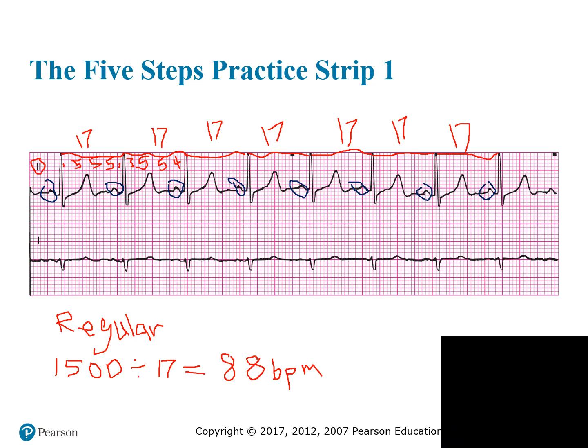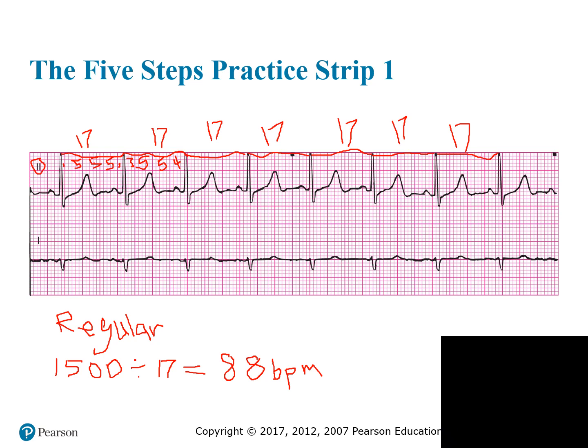Next, we have question 5 asks, what are the PR interval and QRS interval? So let's just erase our little circles off of the P's right quick. And let's find a good PR interval.